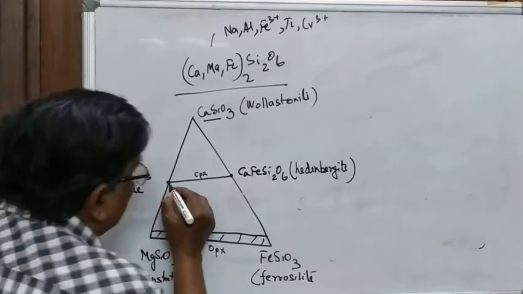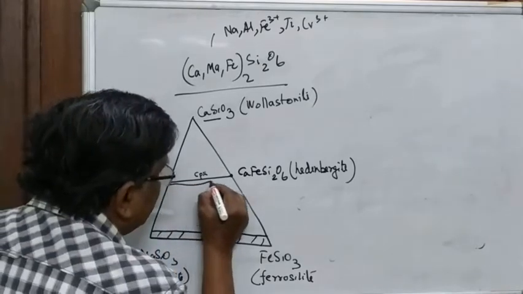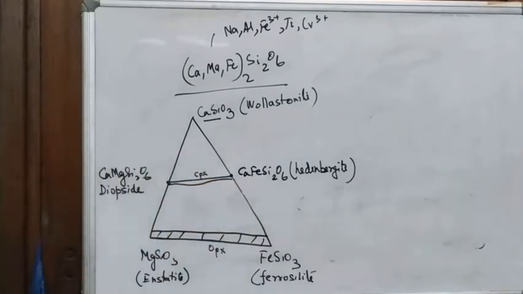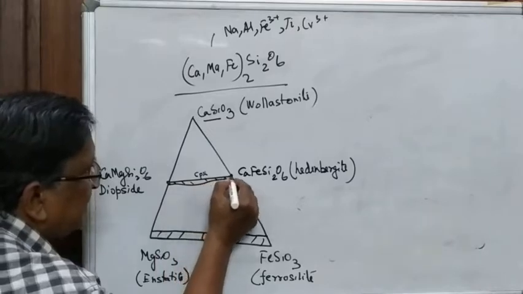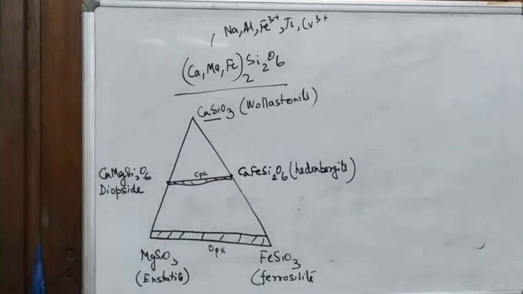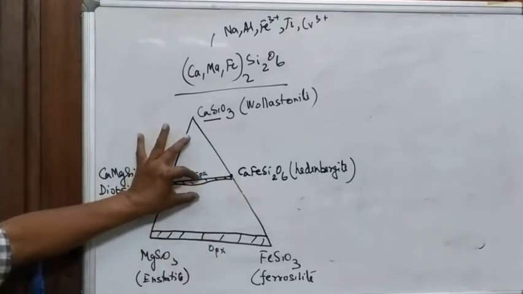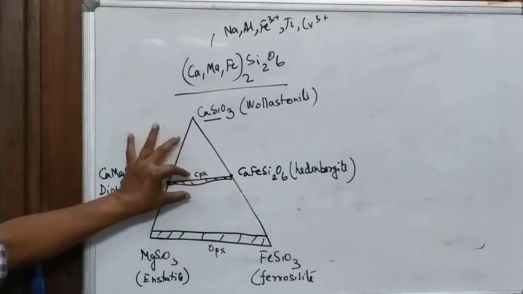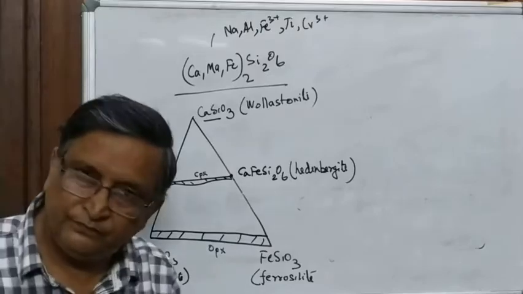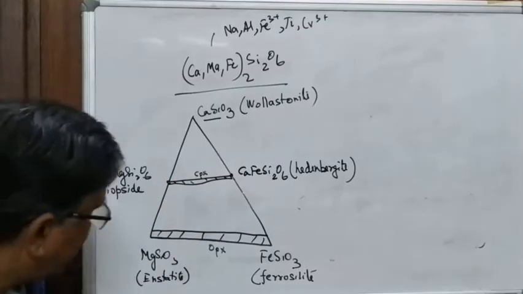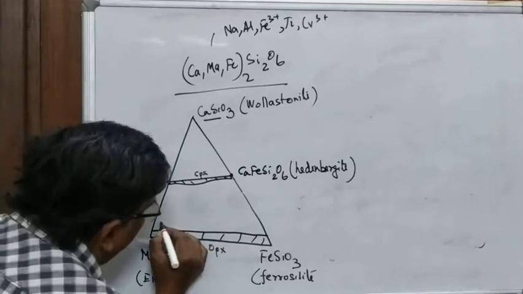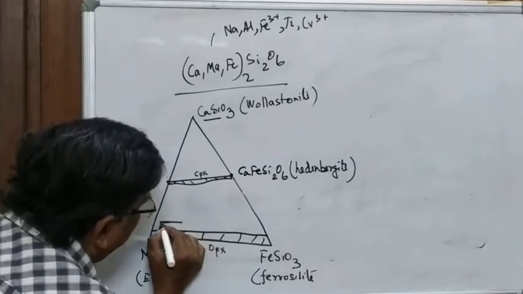And clinopyroxene has a structure like this. Do you understand? Clinopyroxene occurs in this field. Again, the width of the clinopyroxene field is more at high temperatures and less at low temperatures. And there is a small field here.